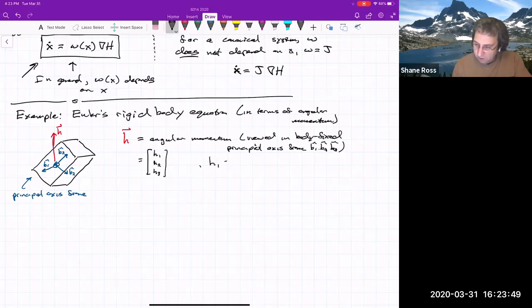So H1 is H dotted with B1, etc. H1 is in the first principal axis direction, H2 is in the second, H3 is in the third. We're just writing the angular momentum, and this is a vector in R3.